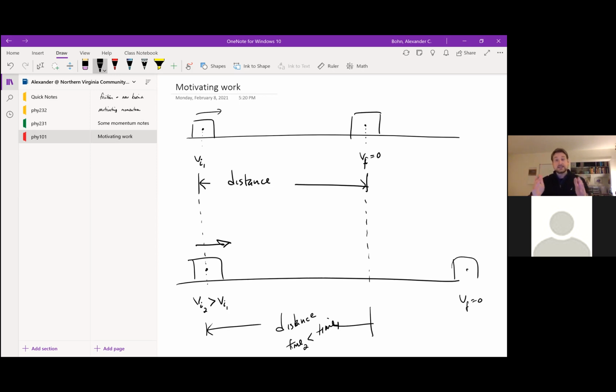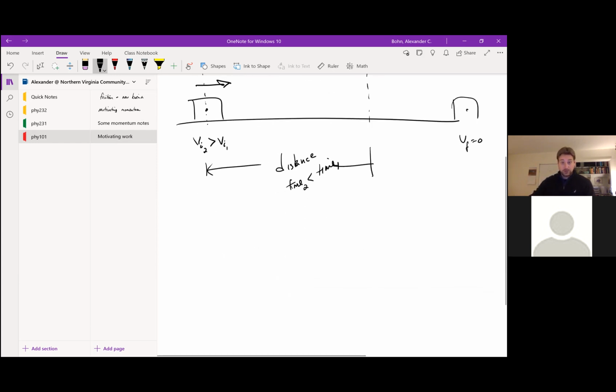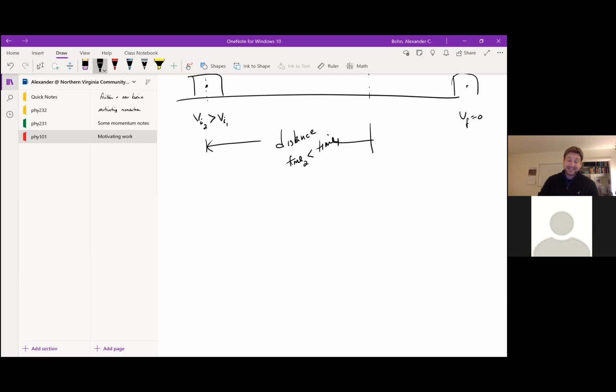So to travel that distance requires less time, which means, because remember the force of kinetic friction, which is the coefficient times the support force, doesn't care how fast we're going. It has one value, which depends on the two surfaces and how heavy the object is.